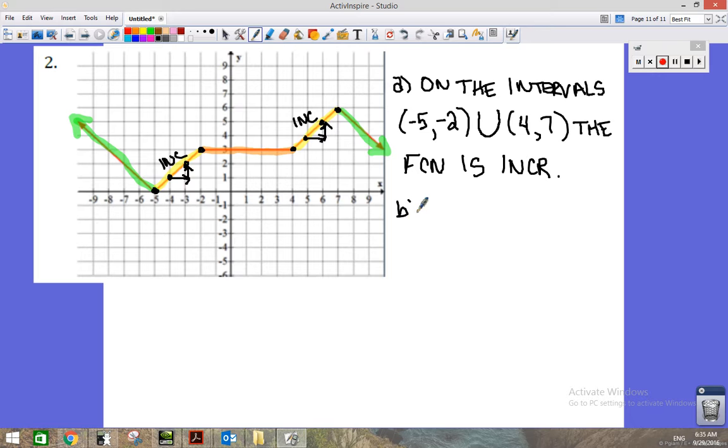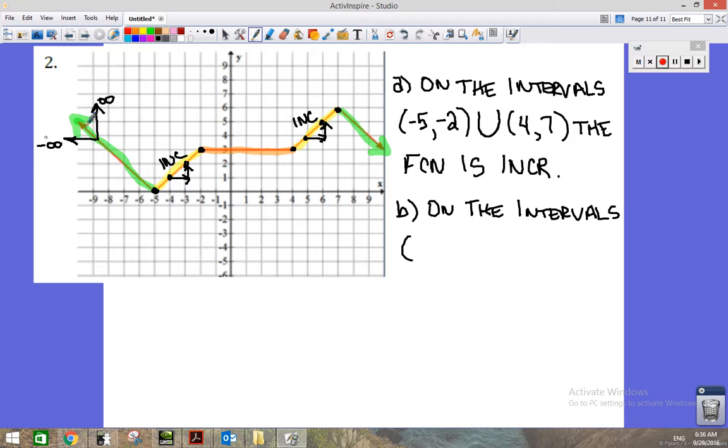Alright, so in B, we need to describe these 2 portions of the graph that we've highlighted in green. In interval notation, we write the smaller number on the left. Well, here with this arrow, we need to break that up and think of that as x going to -infinity, y going up to +infinity.